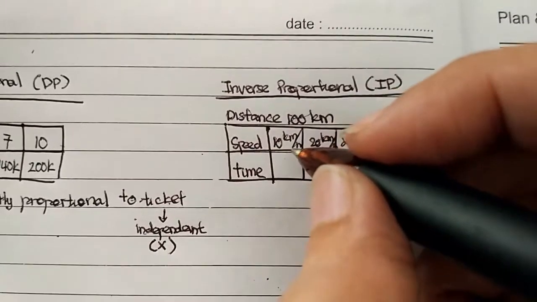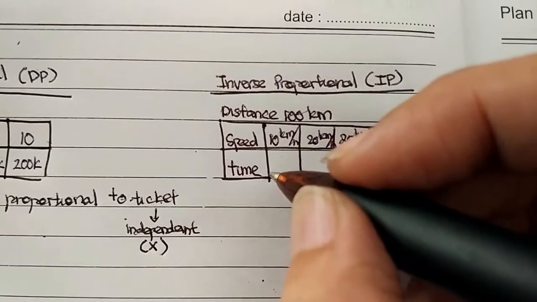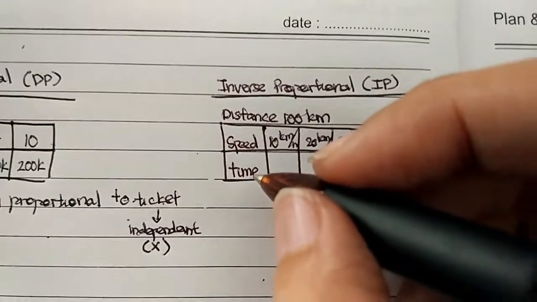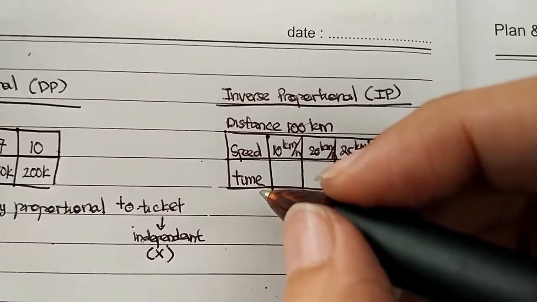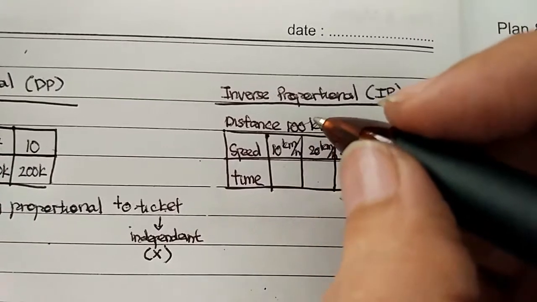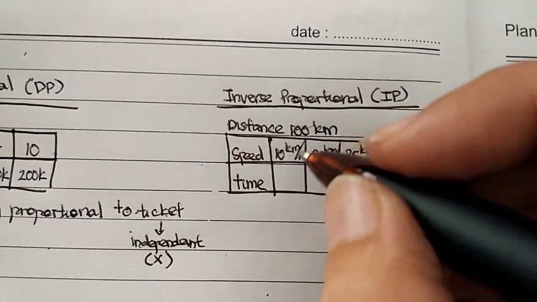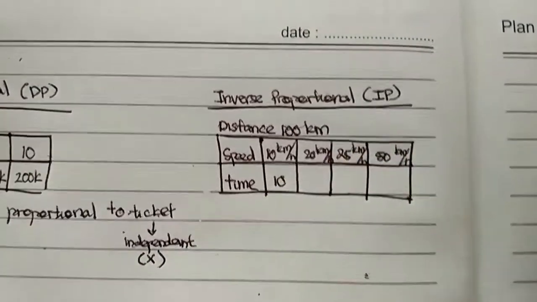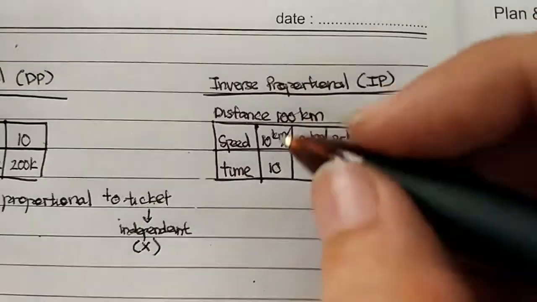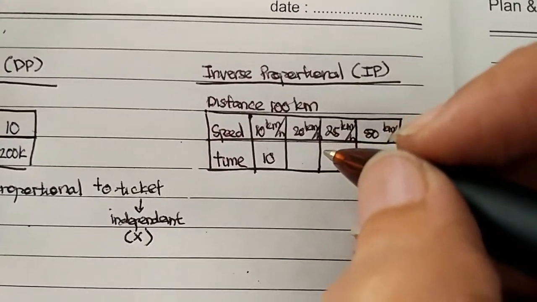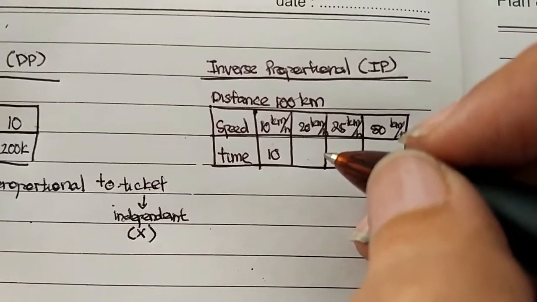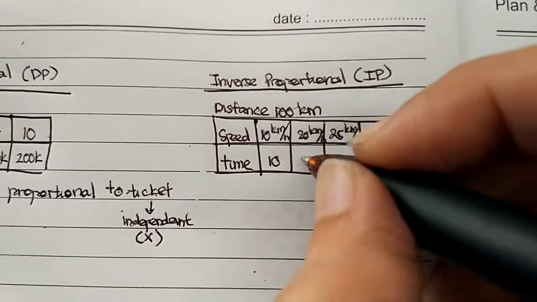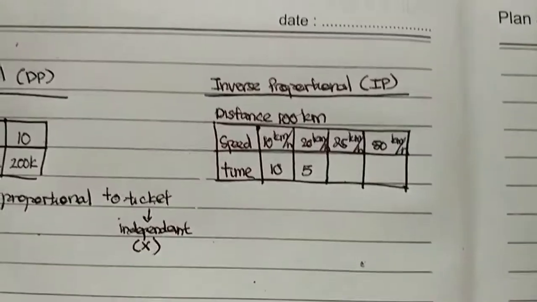Now, if my speed is 10 kilometers per hour, what will be the time needed to reach the place? It will be 100 divided by 10, which is 10 hours. If it's 20 kilometers per hour, then I need 5 hours to go there.